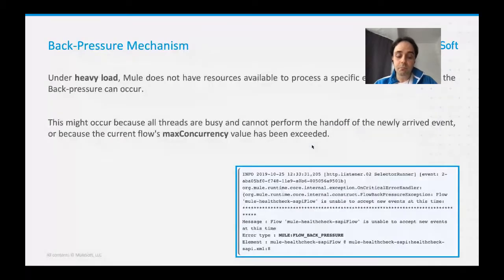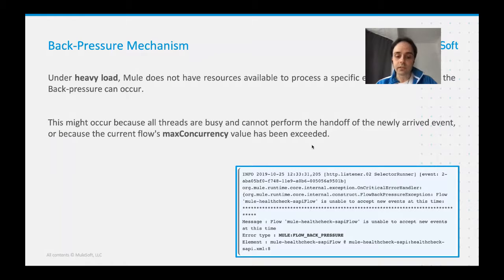Back pressure can occur under heavy load, when Mule does not have resources available to process a specific event. This issue might occur because all threads are busy and cannot perform the handoff of newly arrived events, or because the current flow's max concurrency value has already been exceeded, or hasn't been defined.